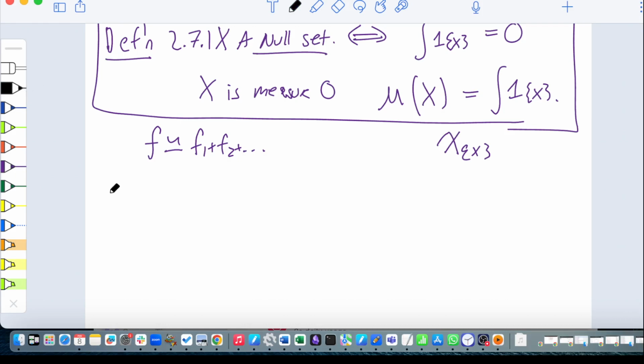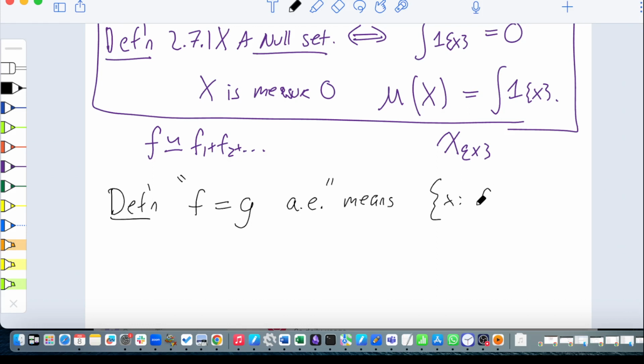The definition: f equals g almost everywhere, AE, means that if you look at the set of x where f of x is not equal to g of x, that set is a null set.